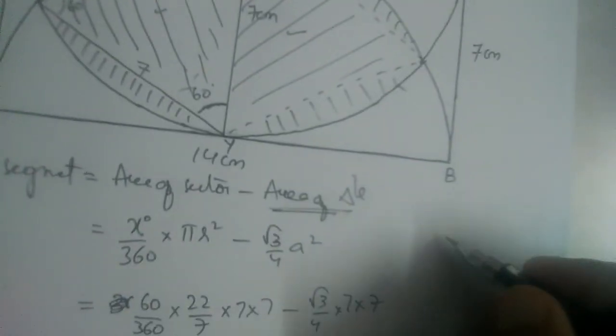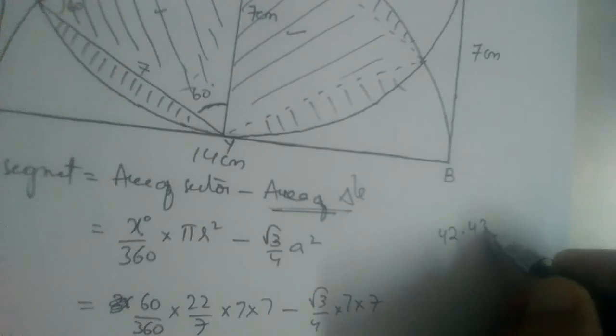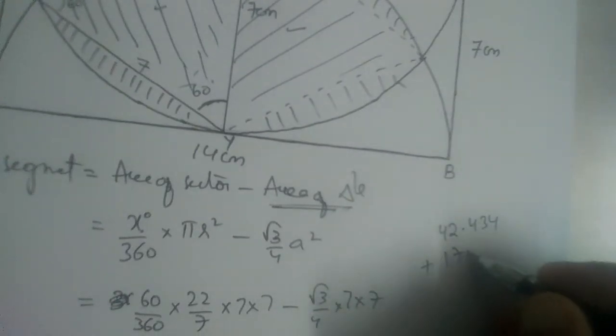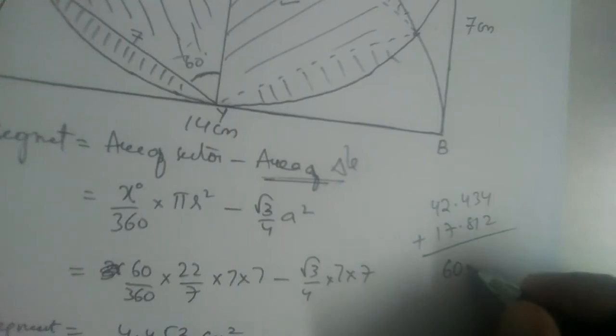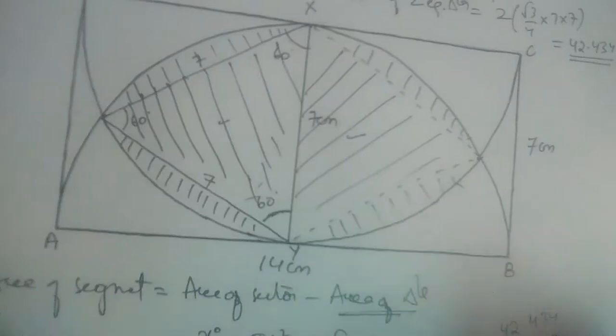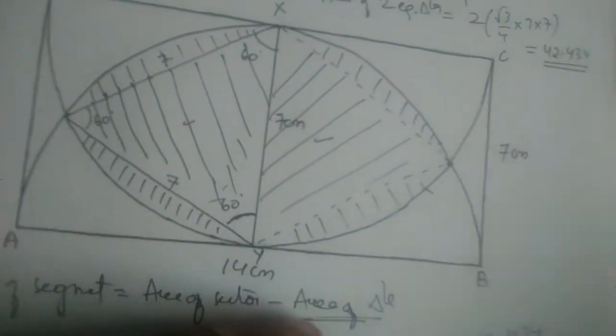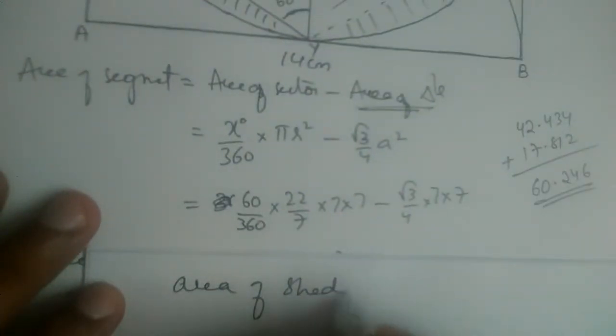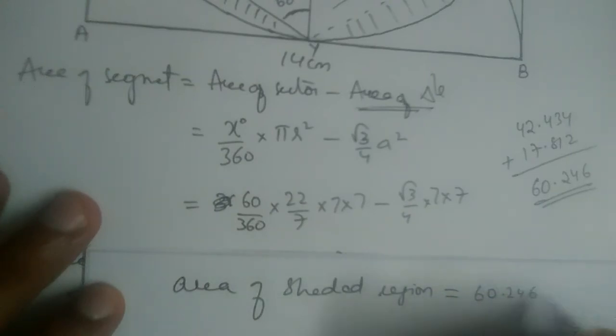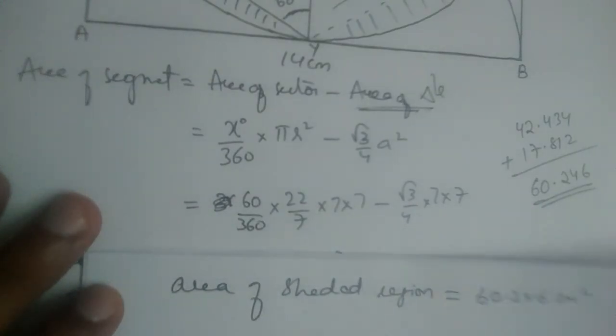So that will be 42.434 plus 17.812. If we add this, we get 60.246. This is the shaded region. Let me take another paper. So we have the area of the shaded region as 60.246 centimeter square. We are not done with the question yet.